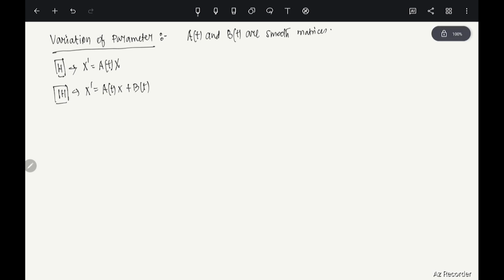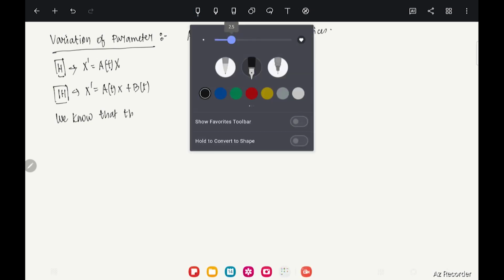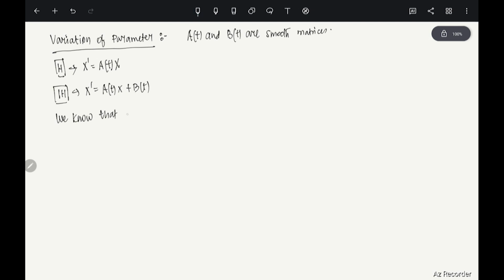So I have a homogeneous problem and an inhomogeneous problem. We know that any solution of the homogeneous problem, in terms of the fundamental matrix, looks like this: x of t, let me write x h for x homogeneous, is nothing but a fundamental matrix, let's say psi of t, times a constant c.